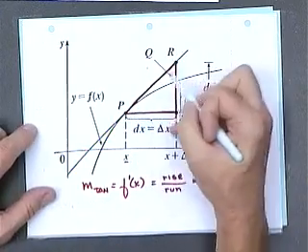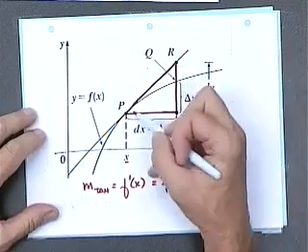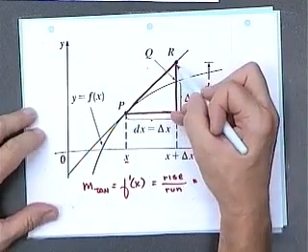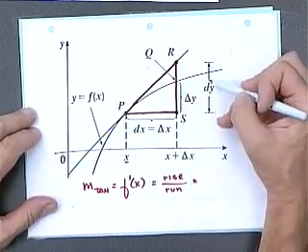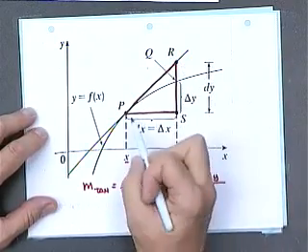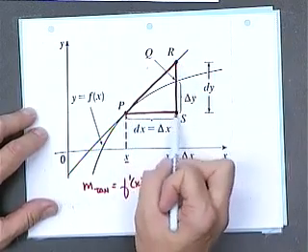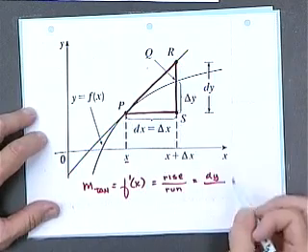Well, as we go from P to R, what's the rise? From here to here, how far did we go up? dy. And as we go from P to R, what was the run? dx or delta x. They're both the same.